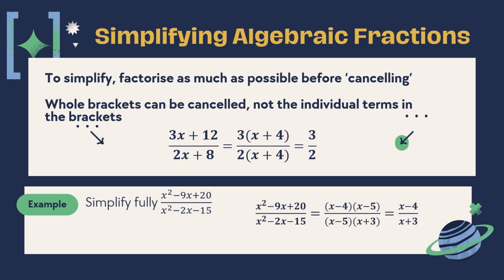So we have x minus 4 times x minus 5 over x minus 5 times x plus 3. Because there is x minus 5 in the numerator and the denominator, we can cancel x minus 5. So the final answer is x minus 4 over x plus 3.